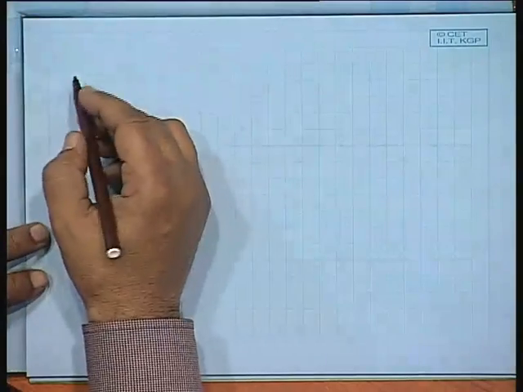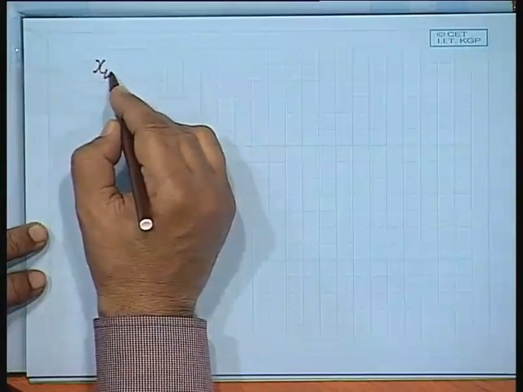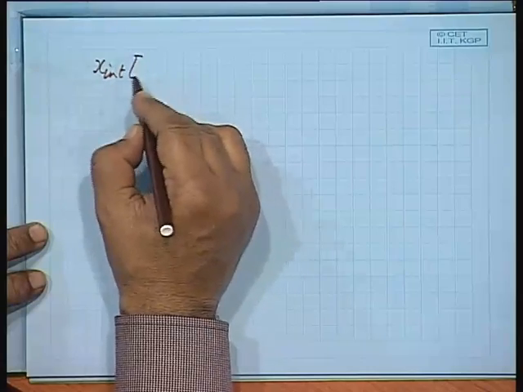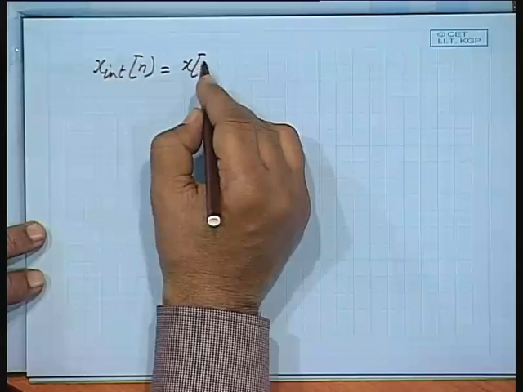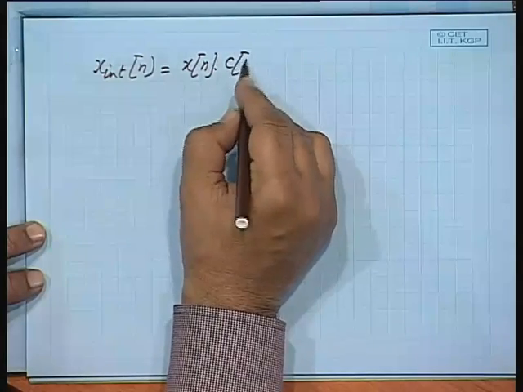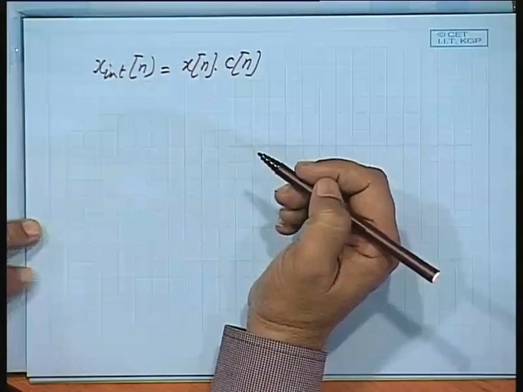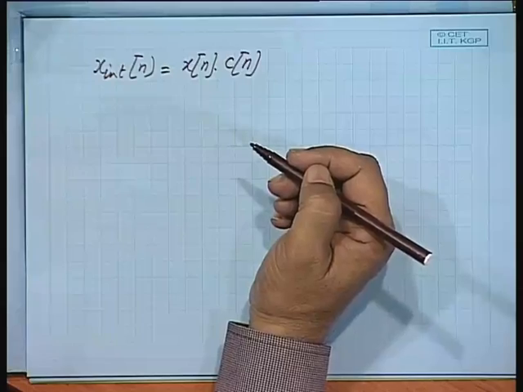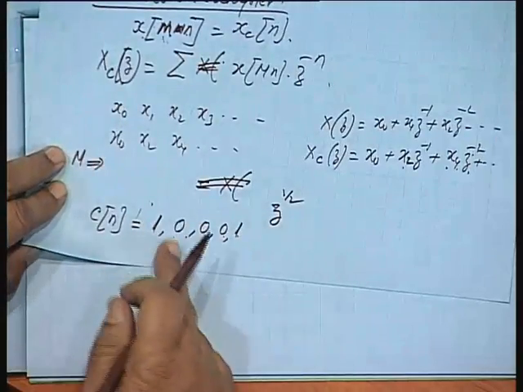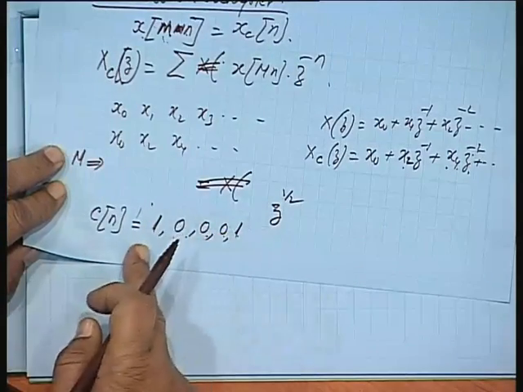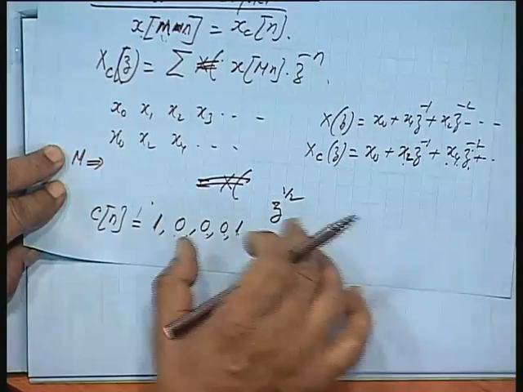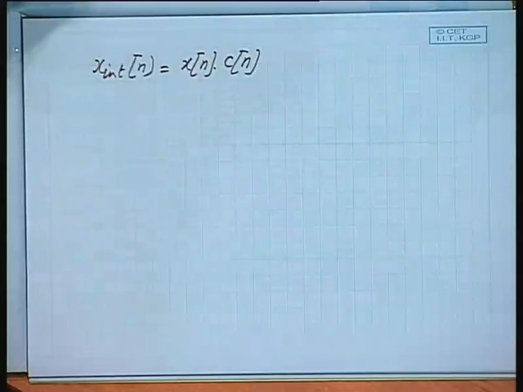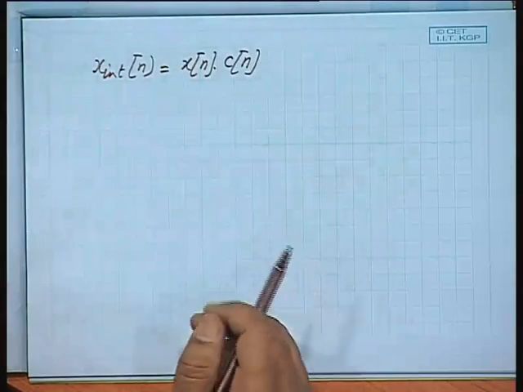So, I define some intermediate sequence x as x n into C n, where C n was this sequence. So, basically x n is multiplied by 1 at regular intervals and zeros elsewhere, and this is what is this intermediate sequence.